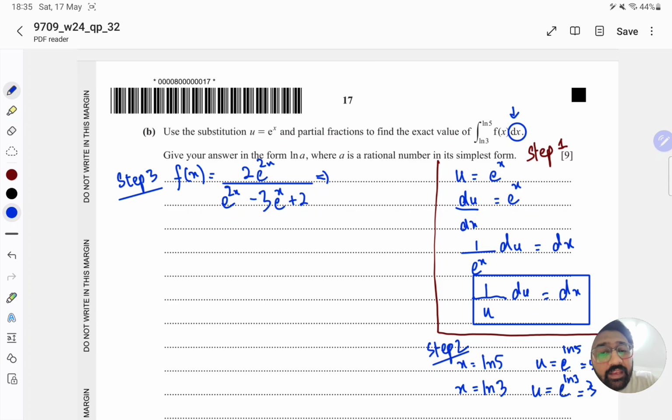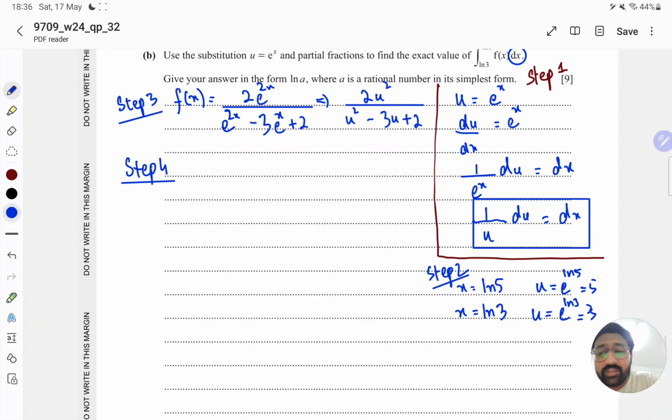I'll replace e raised to the power of x with u, so it will become 2u square divided by u square minus 3u plus 2. This was step number 3. Step number 4, I will replace it over here in the integration portion.